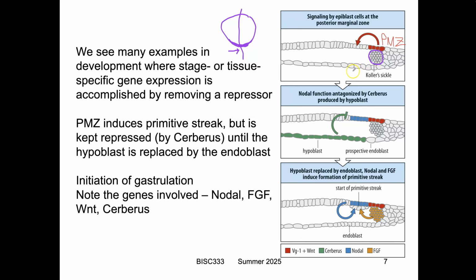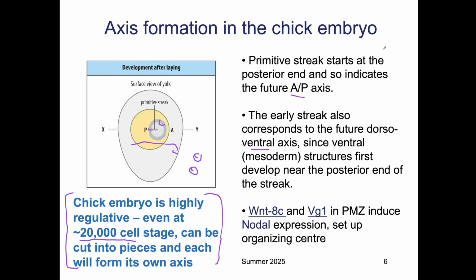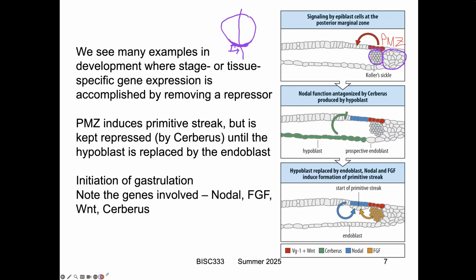They would extend towards you and away from you to form the sickle. The posterior marginal zone, this part here, is a bunch of thickened cells that are starting to express VG1 and Wnt signals, and they signal to the cells of the epiblast right ahead of them to start expressing nodal.